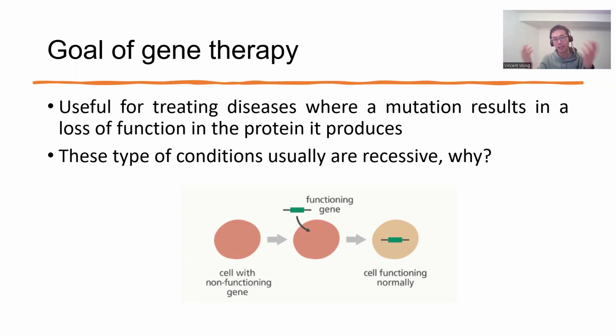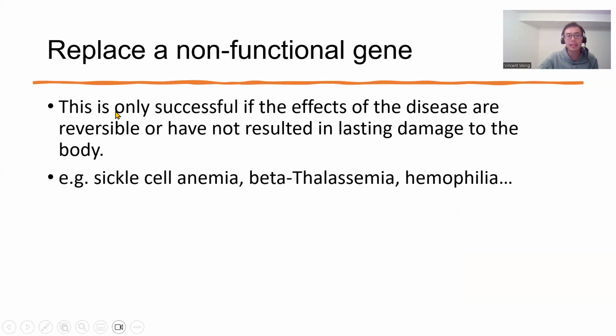In recessive, let's say it's little s, as soon as you introduce the big S, then you fix the problem, right? So these have to be recessive diseases. And it is only successful if the effects of the disease are reversible or have not resulted in lasting damage to the body.